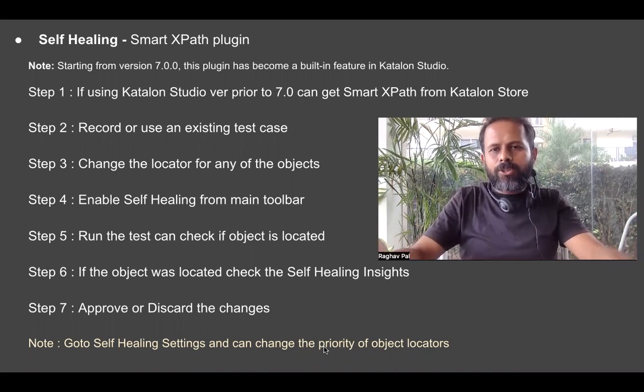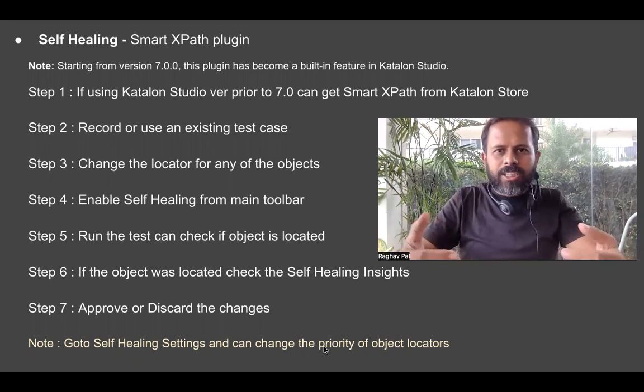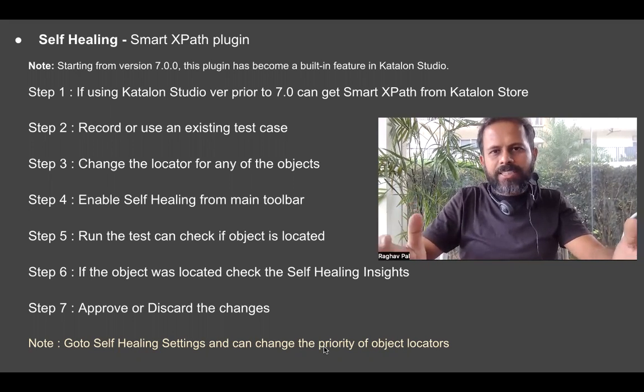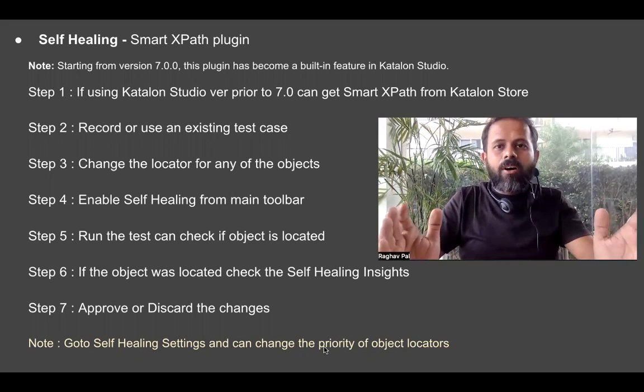While teaching Katalon Studio to some organizations and while taking some corporate trainings, I came across some teams who did not like that without their knowledge, there should be any changes in the script. Even during execution, there should not be anything happening without their knowledge. Although self-healing works during execution, and after execution you can check the self-healing insights and see what was broken, what was proposed, and then you have the control to discard or approve the change.